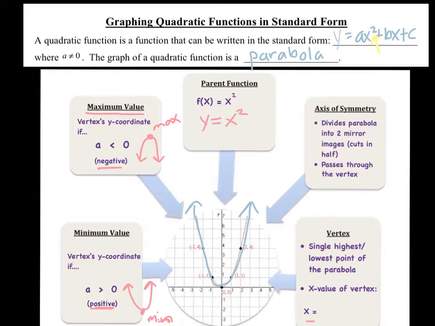I think, oh, if it has a negative a value, it must have a min. But that's not the case. That negative a value makes it face down, giving it a top point or a max. So based off of your a, if it's positive or negative, that's going to determine if it's opening up or down, and then if you're going to have a max or min.